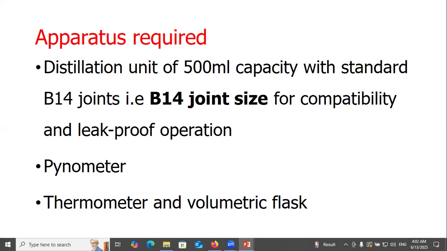Apparatus required: distillation unit of 500 ml capacity with standard B14 joint, for compatibility and leak-proof operation, pycnometer, thermometer, and volumetric flask.